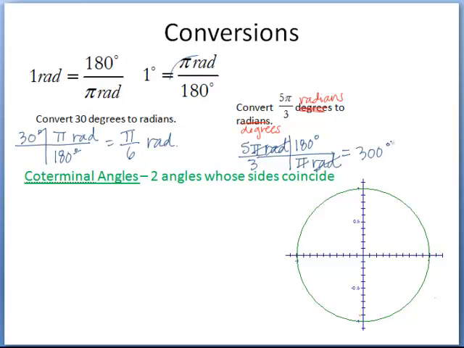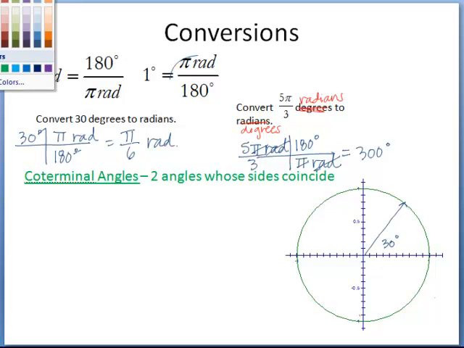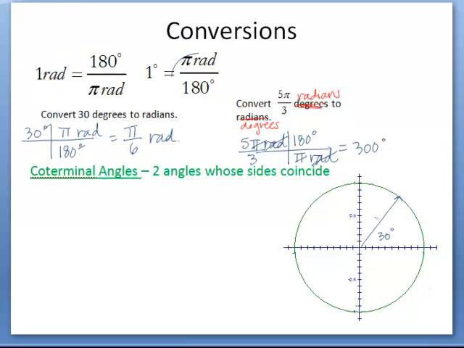For example, let's say we have an angle such as this, 30 degrees. Now, we take that 30 degree angle and we rotate a full 360 degrees and then 30 more degrees.